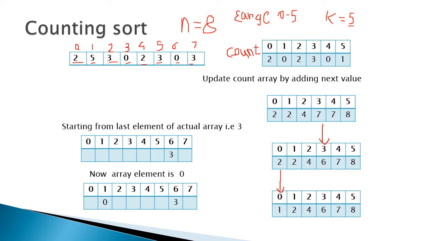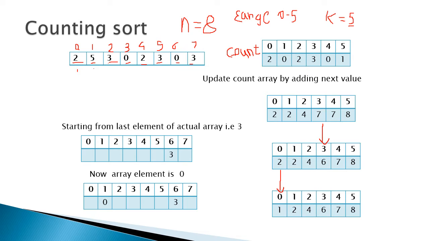Here we count the frequency of each element, so our count array is like this. We start from the first element. Then check 2: the frequency of 2 is 2, so go to index 2 and write down 2 there.